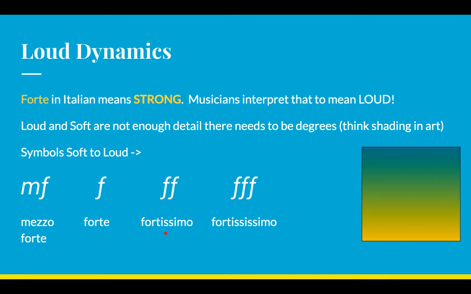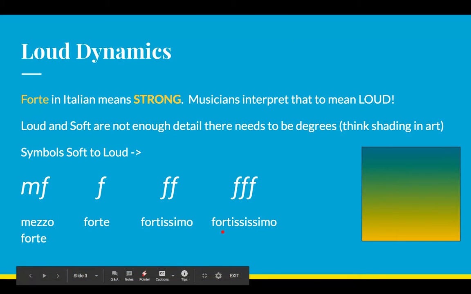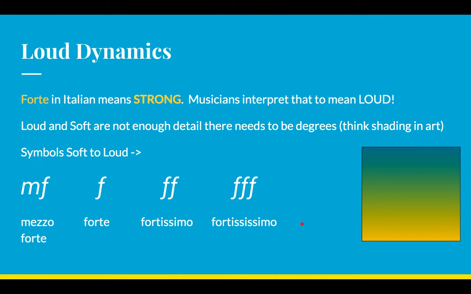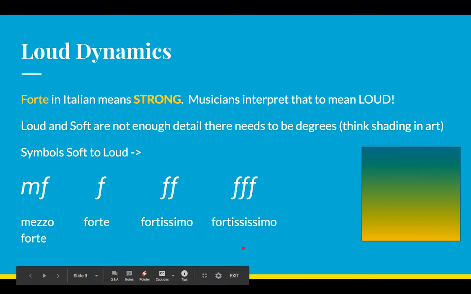I could have 3 in a row, fortississimo. Do you see how I have the extra S's in the middle? If I had 4 over here, it would be fortissississimo. Can I keep adding them? Yes, I've seen up to 4 or 5. Are they very common? No, but you can keep going.